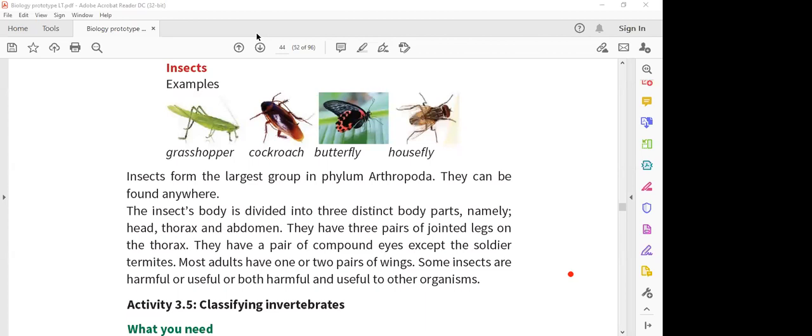You know the difference between a termite and an ant. If you look at the abdomen of an ant, there is a slight connecting body between the thorax and the abdomen. That is what makes an ant.